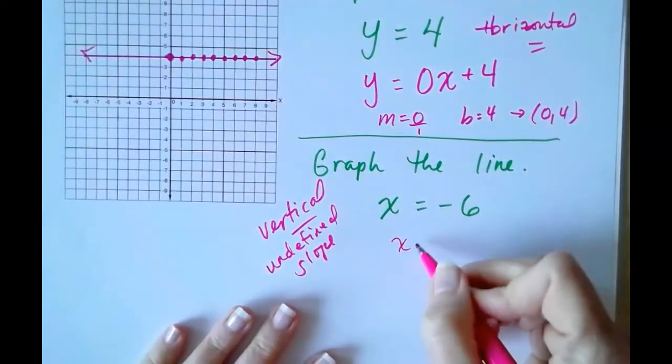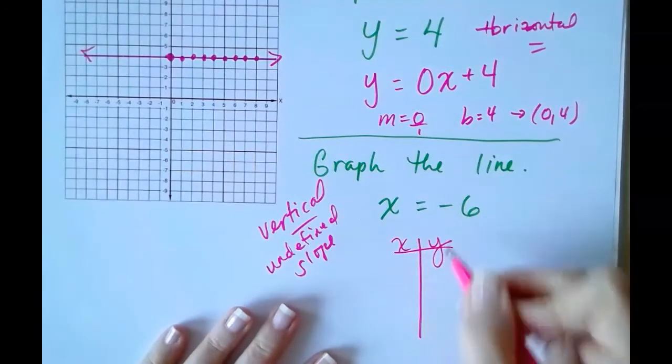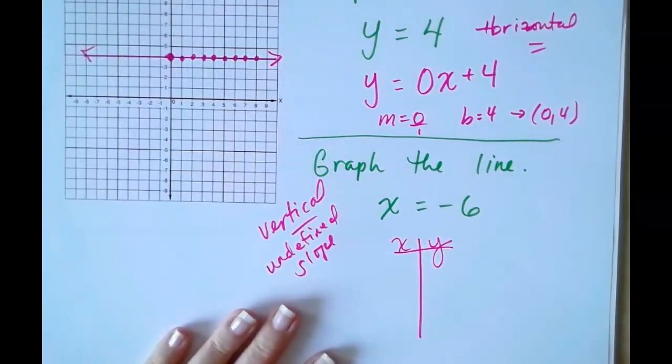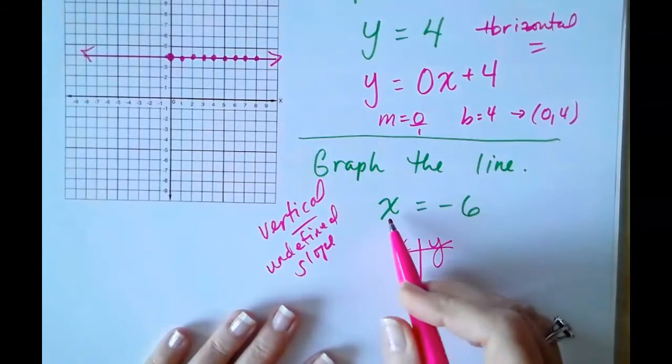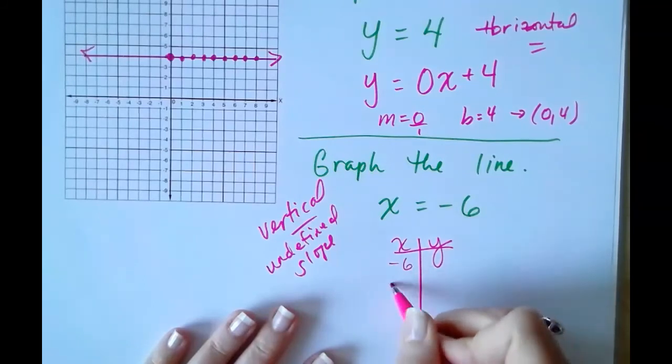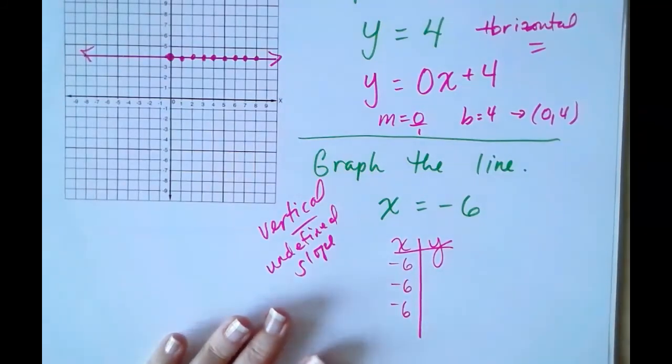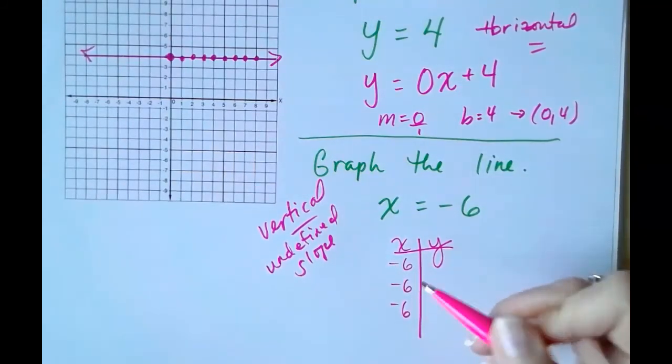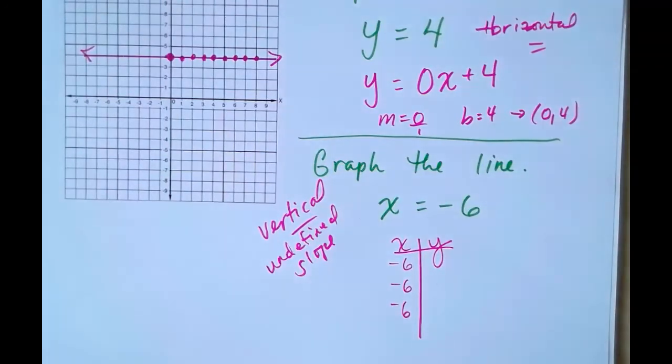Let's think about it in terms of an xy chart. We're told specifically that x is -6, and that's it. So x is limited to -6, which you can see here: if the x value repeats itself over and over and over, it's not a function.